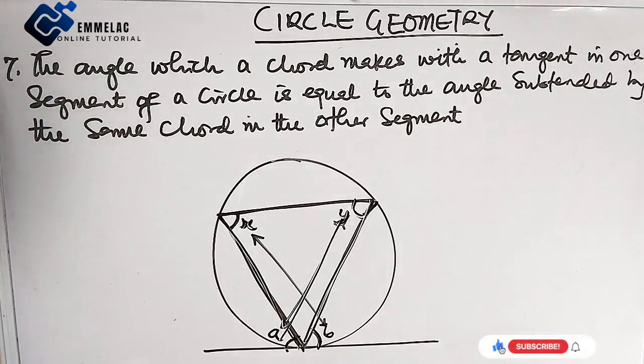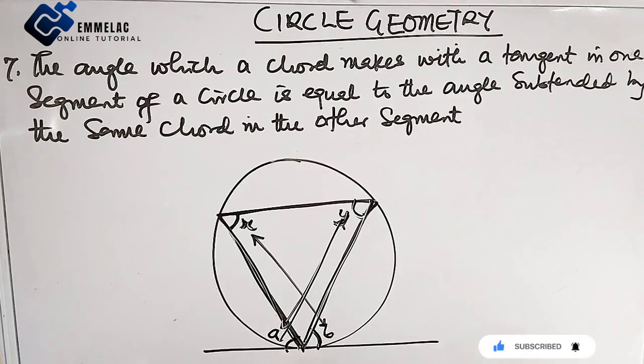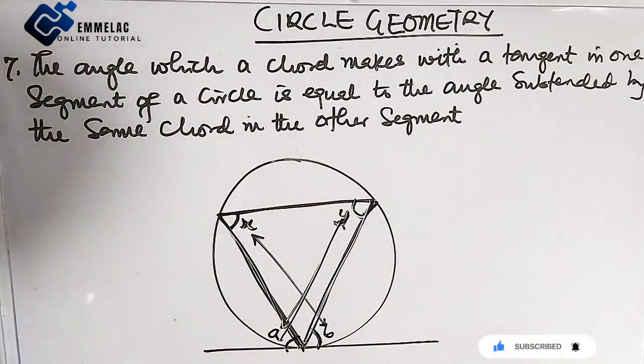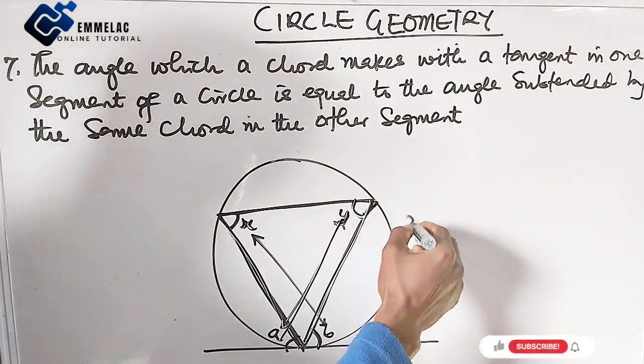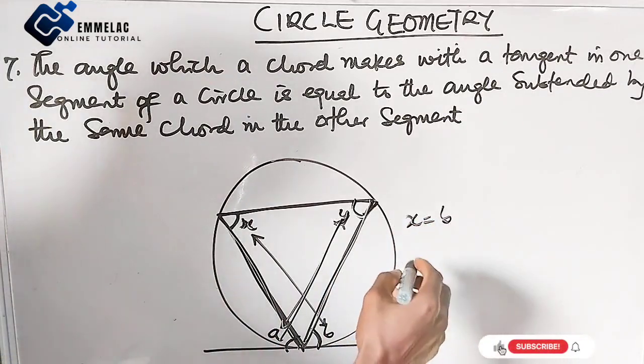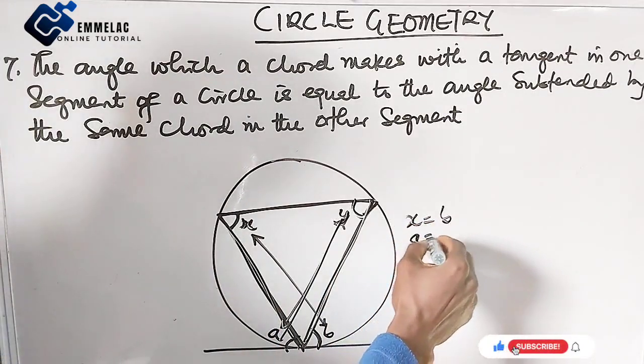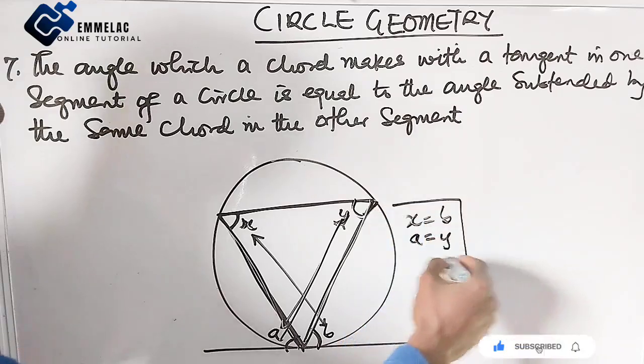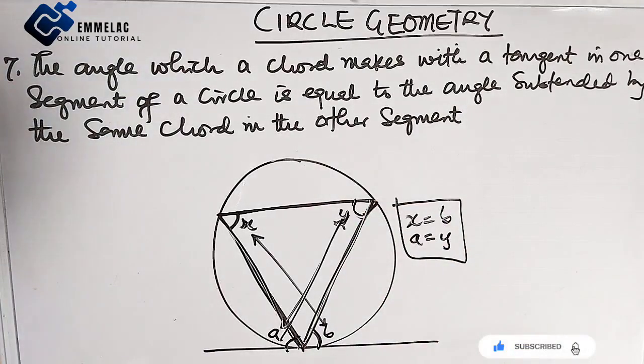Sorry, not arc, chord I mean to say. All right, let's move to theorem 8. So before we go, here we have that x equals b and a equals y. Okay, all right, then let's move to theorem 8.